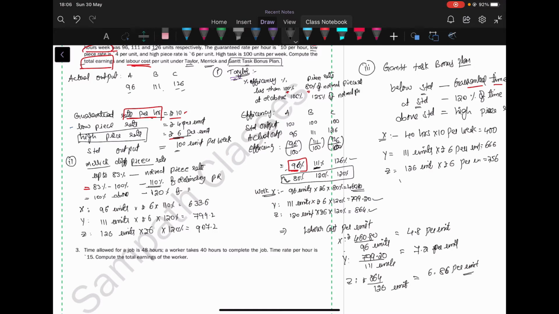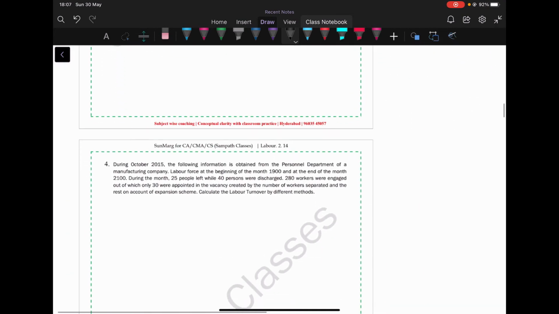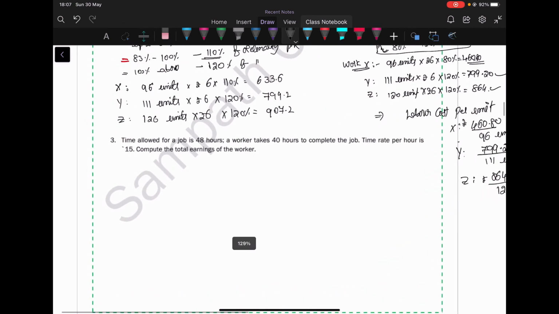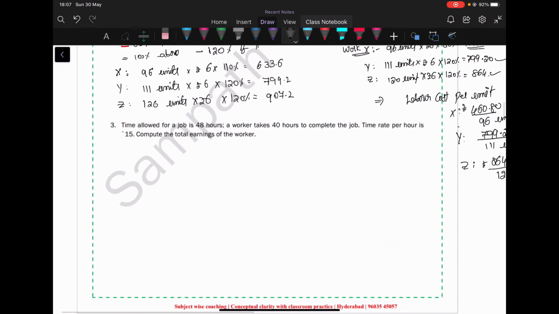Alright, now we will move to the next question. Here only it is given. Third question. Time allowed for a job is 48 hours. I can say this is a standard time. A worker takes 40 hours to complete a job, means actually the actual time taken is 40 hours.